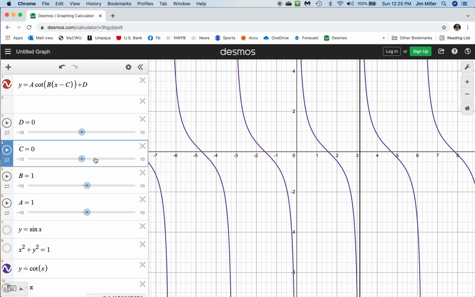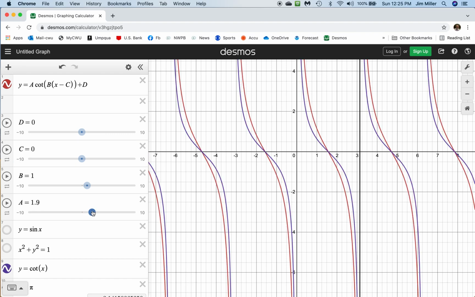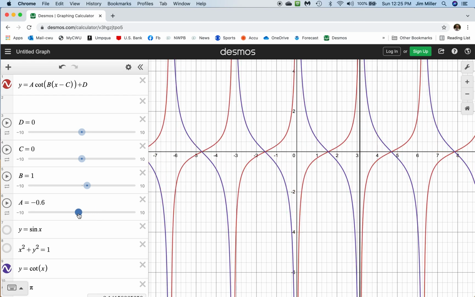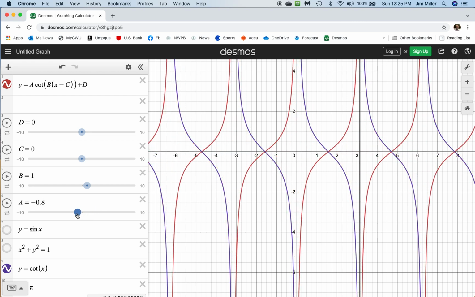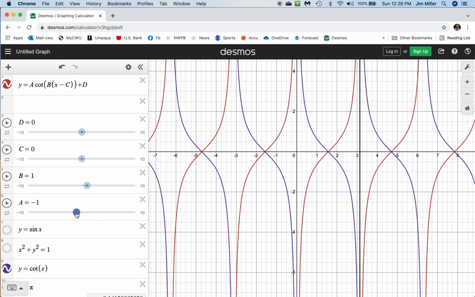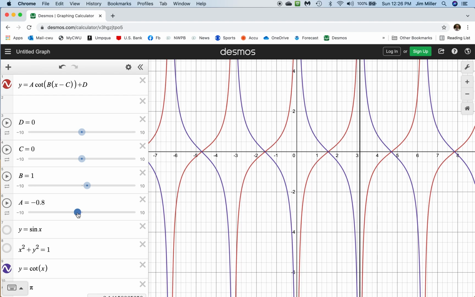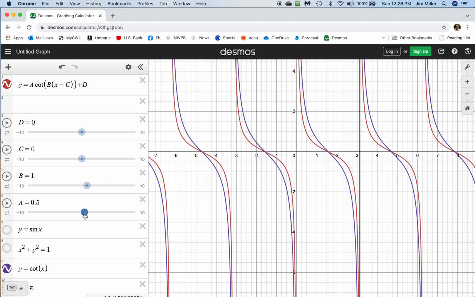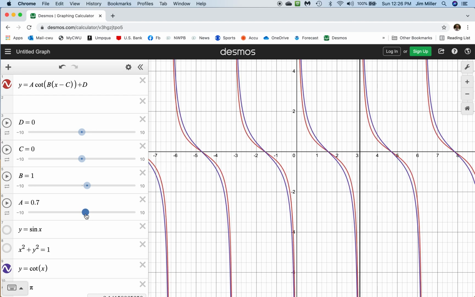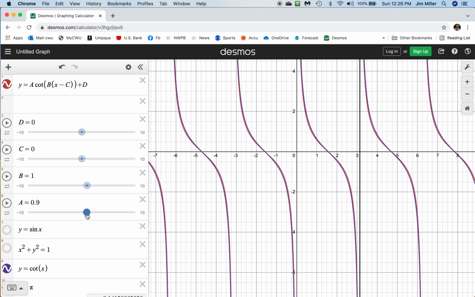Go back to regular. If we go to the sliders, the A will vertically stretch or shrink. So here's A stretching or shrinking and flipping over. So you could make them almost like the tangent if you pick the right numbers to change. But here's back to 1, the normal tangent curve.